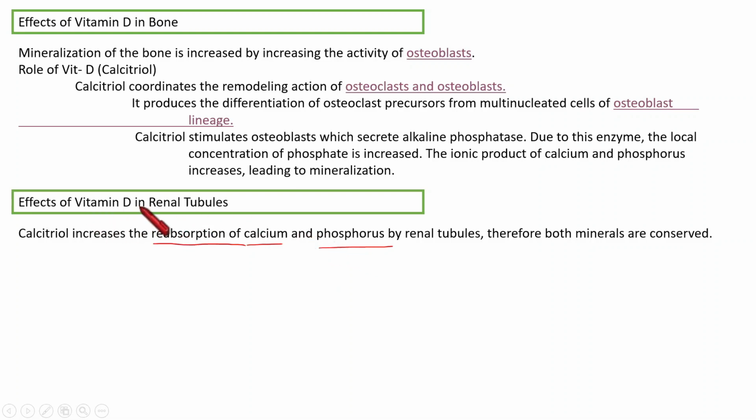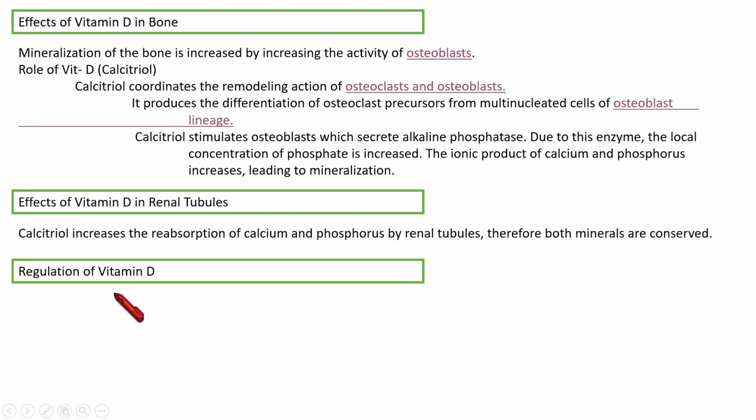It is done by this vitamin D. By reabsorbing these two ions, the body will get those minerals in the time of their low level. Clear? So calcium and phosphorus reabsorption is stimulated or promoted by vitamin D in renal tubules. That is the role. Next, we are going to see how the level of vitamin D is regulated in our body.